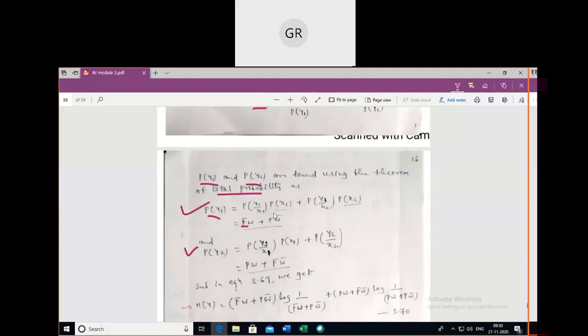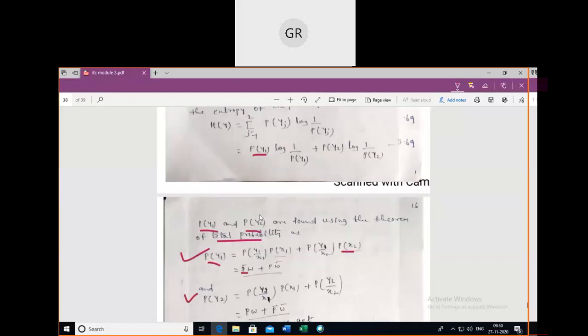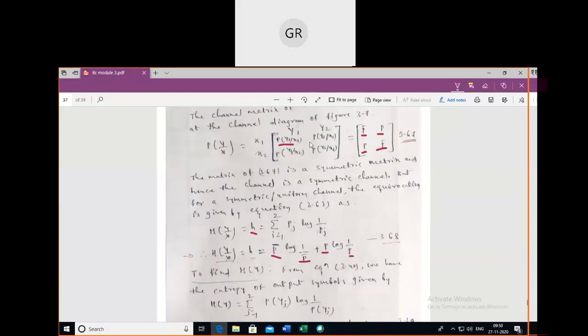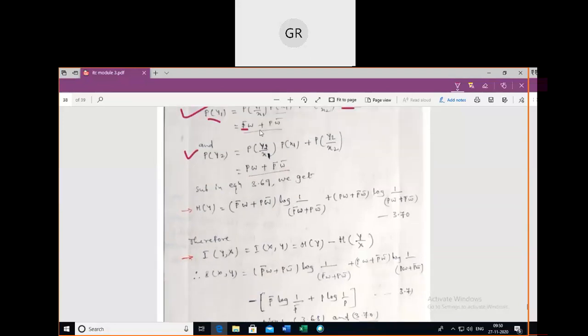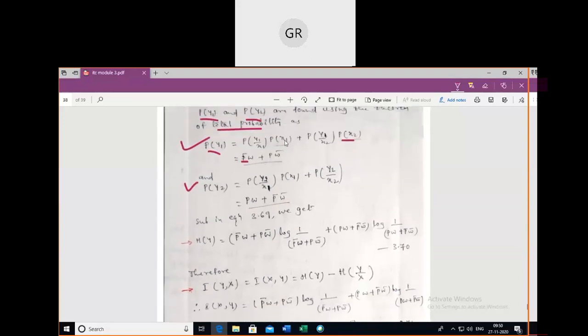Referring to the channel matrix, P of y1 divided by x1 is P bar. Then P of x1, the input symbol probability, is W. Then P of y1 divided by x2 is P, and P of x2 is W bar.